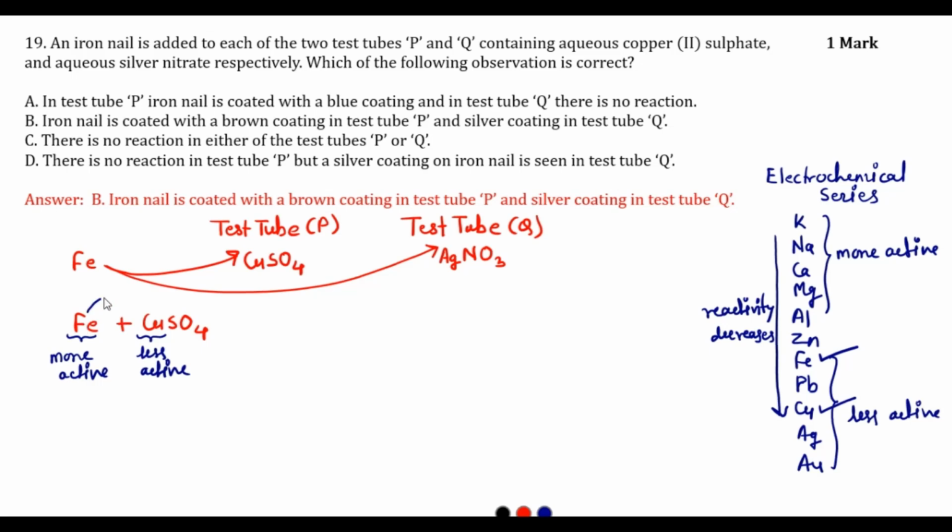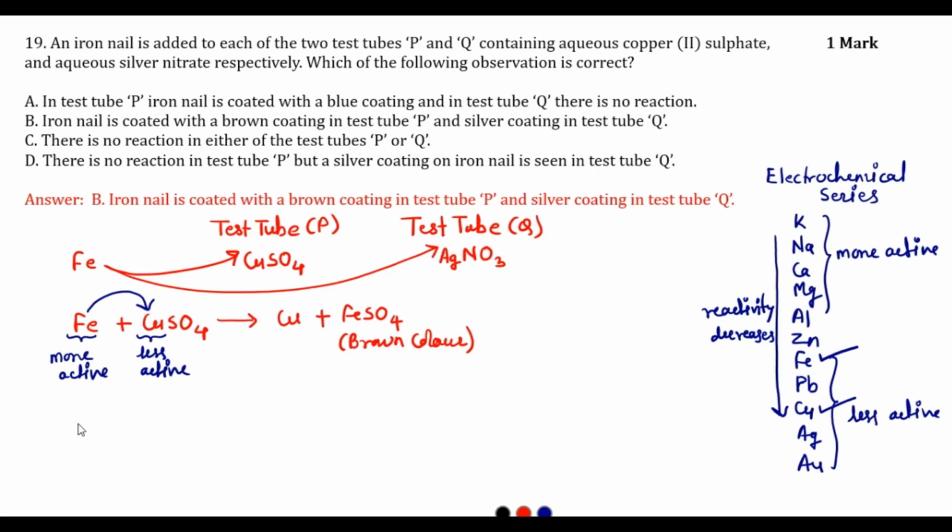So we get copper plus iron sulfate, FeSO4. Copper comes out and is replaced by Fe. FeSO4 is of which color? Brown color. So the iron nail is going to be coated with brown color.